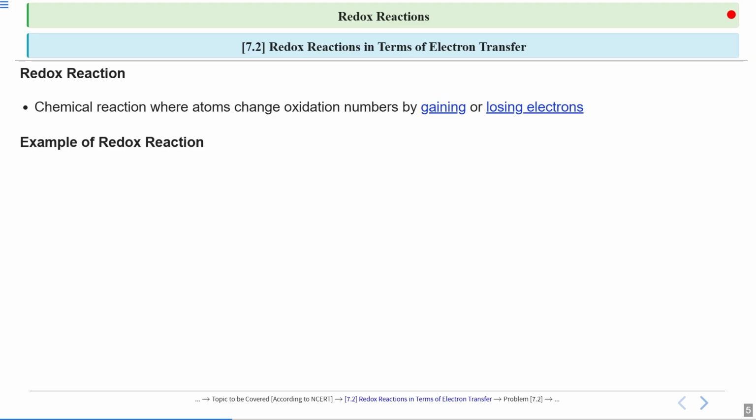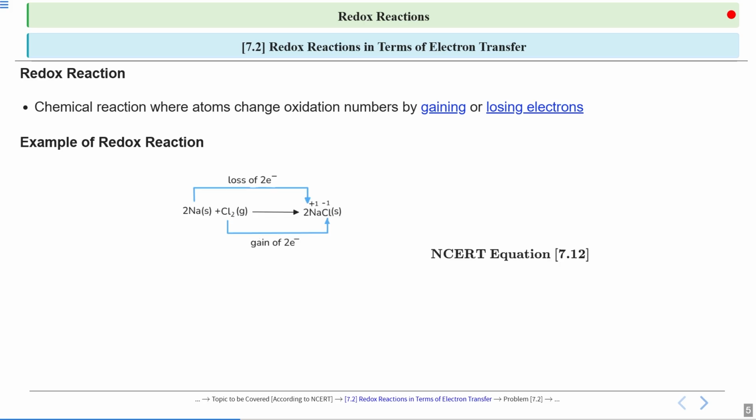Now, let's take an example of redox reaction. Here you can look at NCERT equation 7.12, in which sodium is being reacted with chlorine, forming sodium chloride.